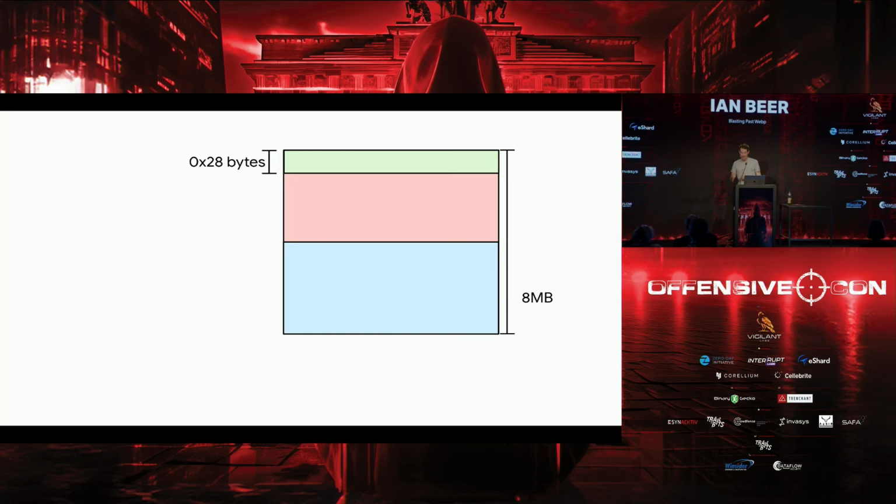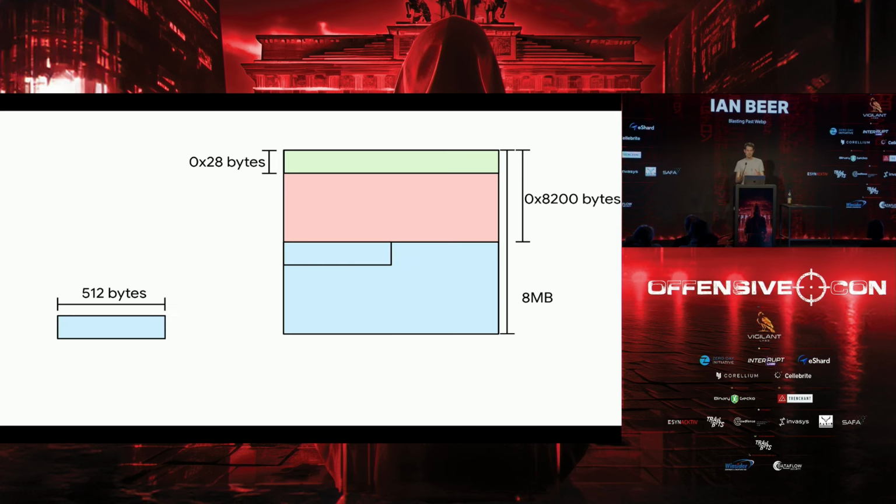There's a hex 28 byte header, then there's some metadata, and then hex 8,200 bytes after the start we start splitting it into these 512 byte chunks, which are what's going to be given back to user space. If you've ever been doing some stuff in Xcode, you probably noticed this hex 8,200 coming back in early malloc allocations. Well, that's why, because they start from the beginning there.